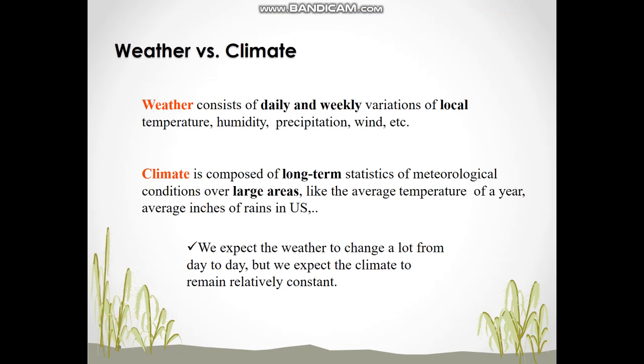On the other hand, climate refers to the long-term variations, like yearly, decade, century of the temperature, precipitation, humidity, and wind. And it refers to a large area, for example, average temperature in the United States from 2000 to today. So weather changes a lot from day to day, but climate remains almost constant in the short term.